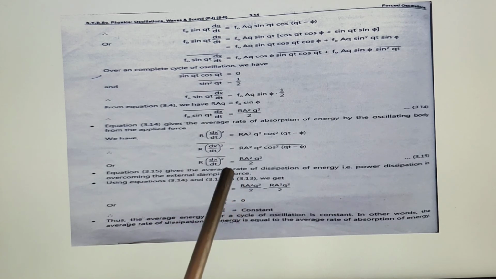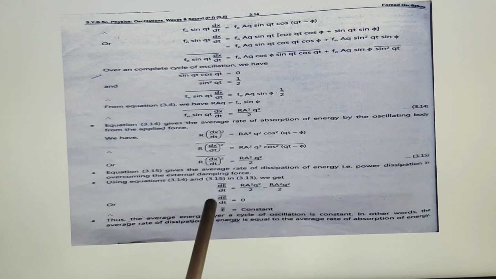Okay. So equations 3.14 and 3.15 give the average rate of absorption of energy and the average rate of dissipation of energy. So for the average rate of total energy, you can write d by dt of E bar equal to r a square q square by 2 minus r a square q square by 2, or d by dt of E average equal to 0.